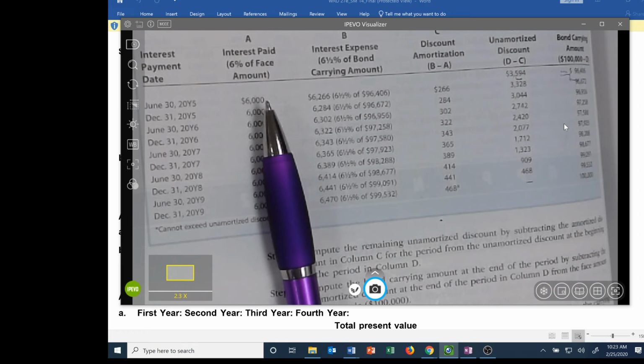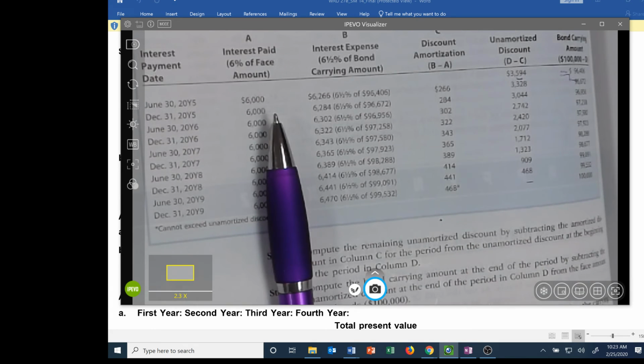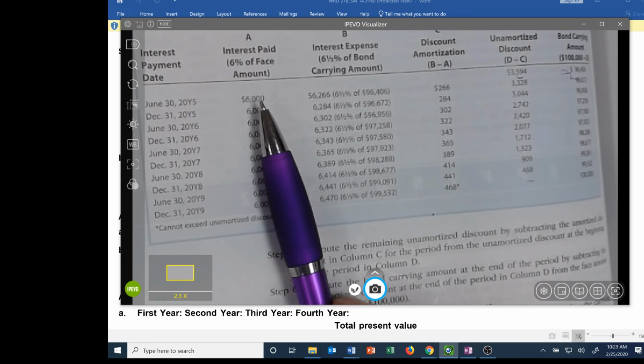What is 3.5% of 50 million? I want you to write that down 5 times, because you pay the same amount. Start at 0. No, you don't pay anything on the 0 date. You pay on payment 1 every 6 months, payment 2 6 months later, payment 3, payment 4, payment 5.